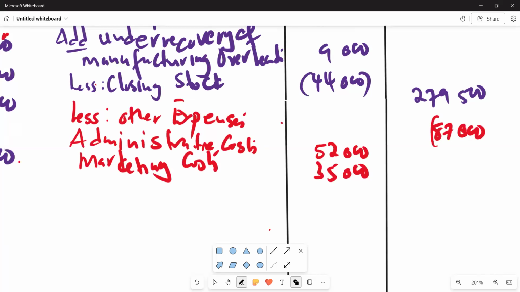So if we calculated that now, you are saying less, so we can just put in brackets so that we can get our figure here. 279,500 minus 87,000.